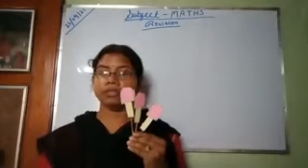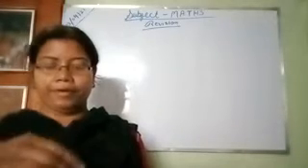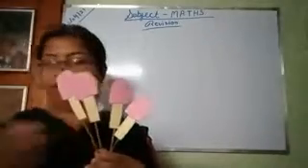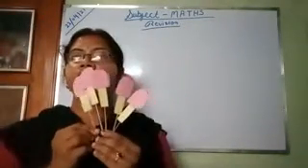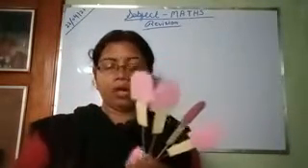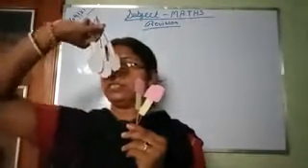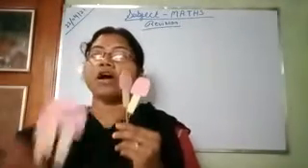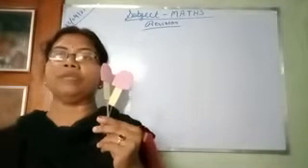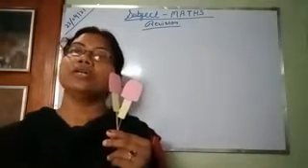Likewise, if I have 5 ice creams, 1, 2, 3, 4, 5, and out of 5 I have eaten 3, how many are left? Only 2. So 5 minus 3 will be 2.